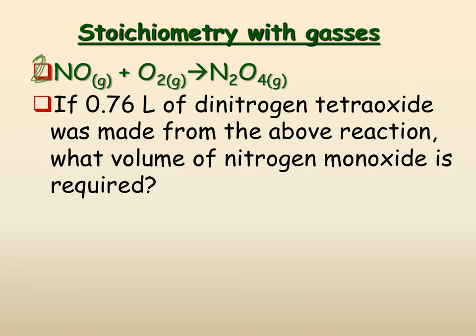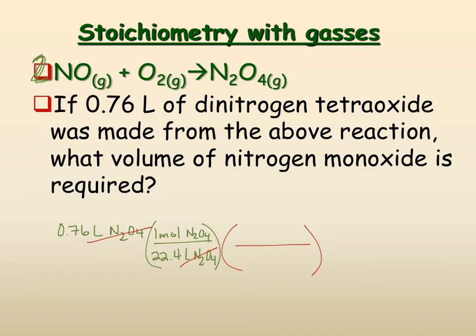Point of stoichiometry, I have to get things to moles. So 0.76 liters N2O4. There are 22.4 liters of dinitrogen tetroxide in every mole of N2O4. Alright, so I've gone from liters of N2O4 to moles of N2O4, which means now I'm ready for my molar ratio.